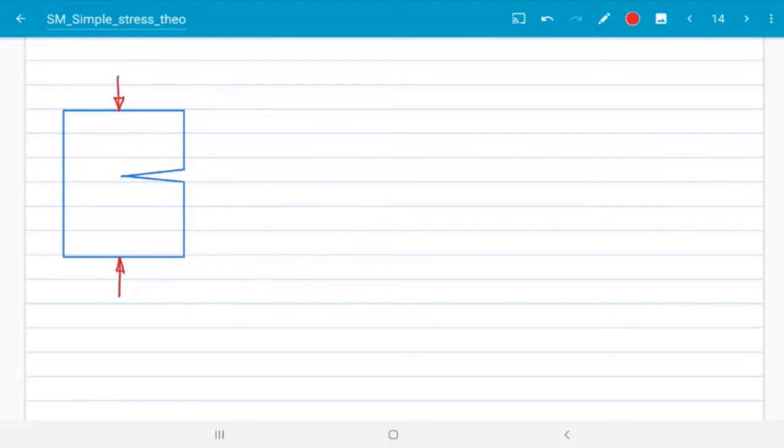It will get smaller. Very good. The crack will be closed. Excellent answer. Sigma compression. The technical name is crack closure.